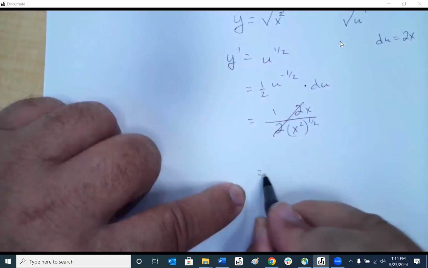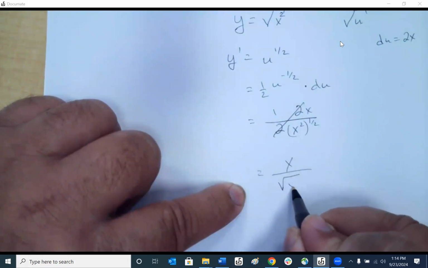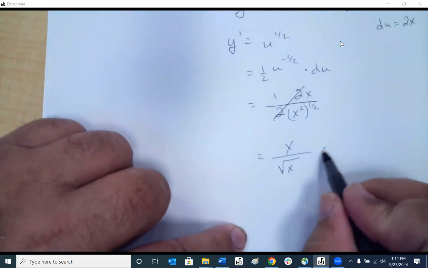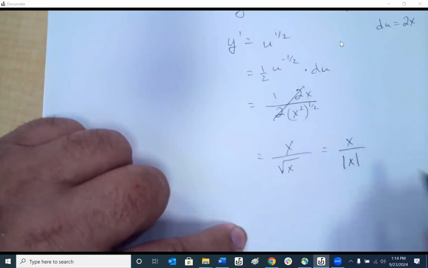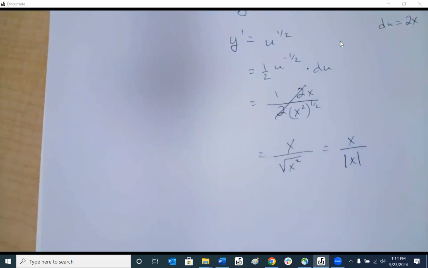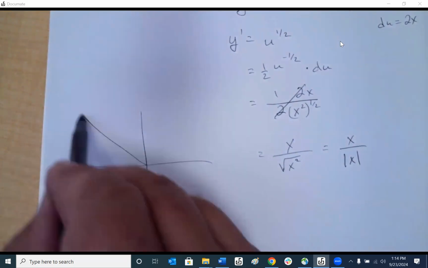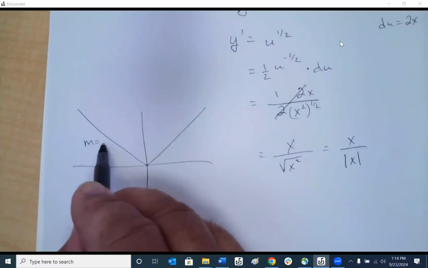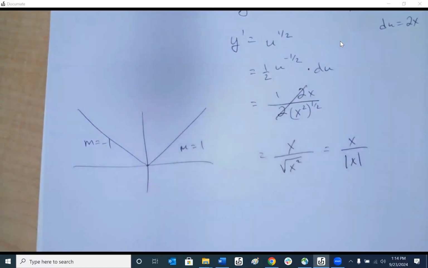The 2's cancel, giving x over the square root of x squared, which makes it x over the absolute value of x. So because of that, on the left side of 0, it's -1. On the right side, it's +1, which happens to be the slopes. If you think about it, the absolute value of x looks like this. The slope here is -1. The slope here is +1.